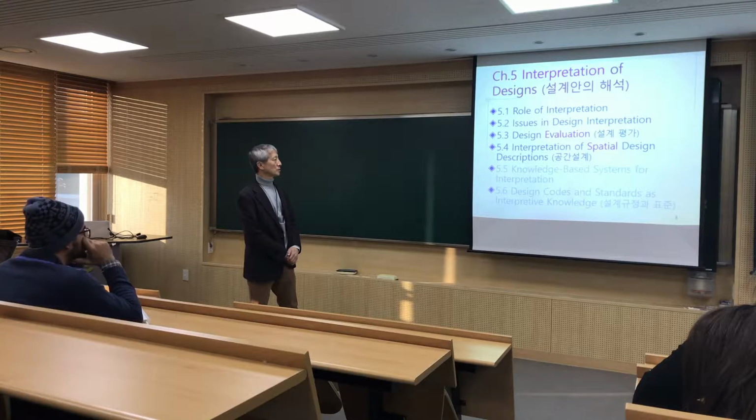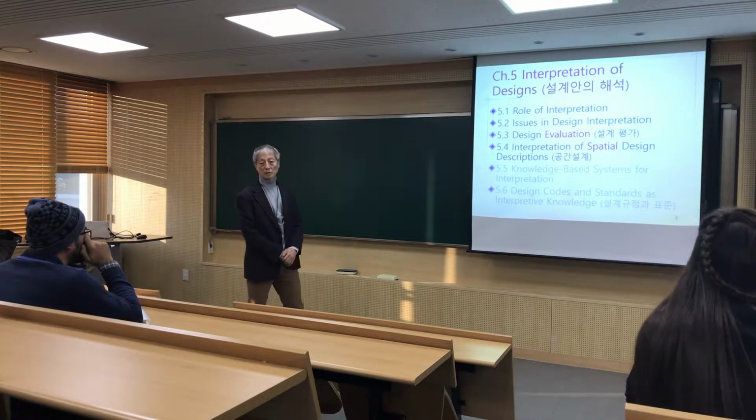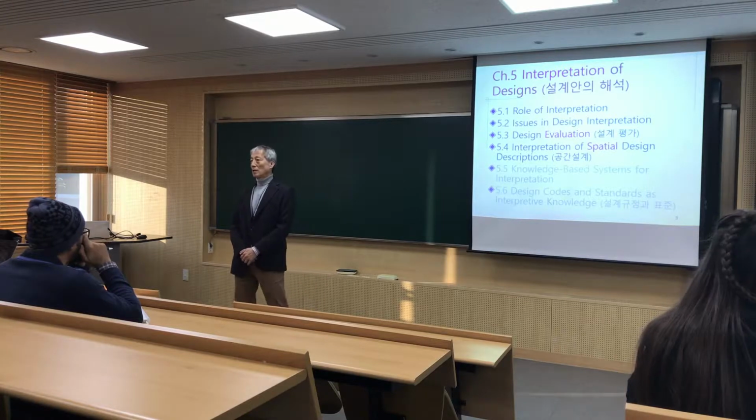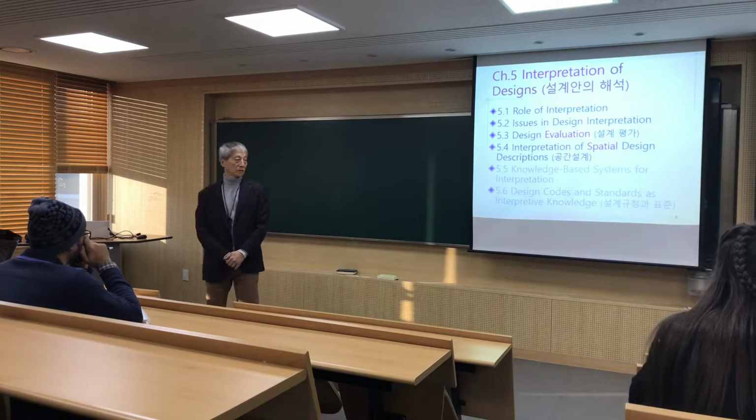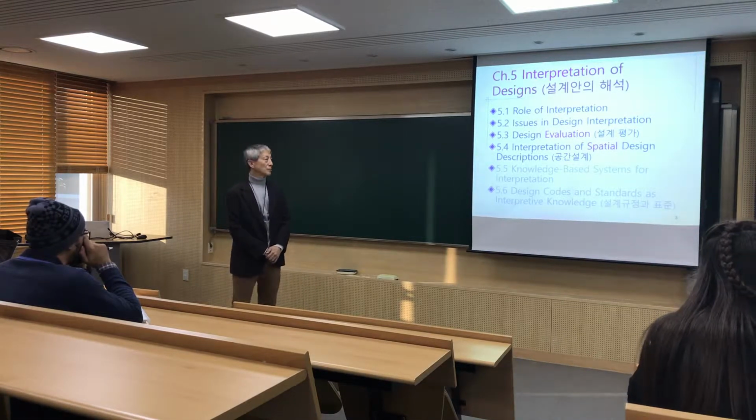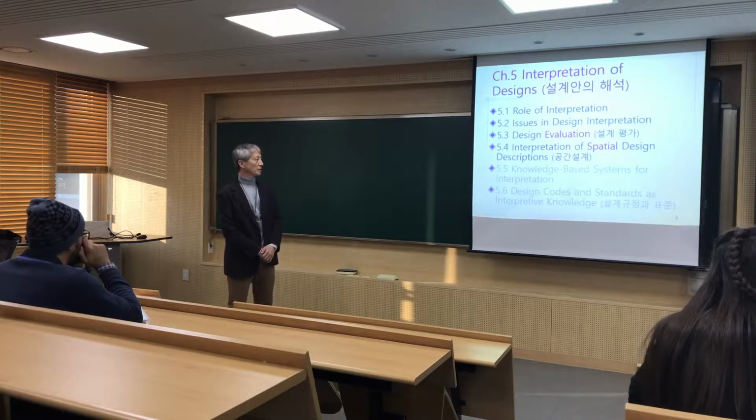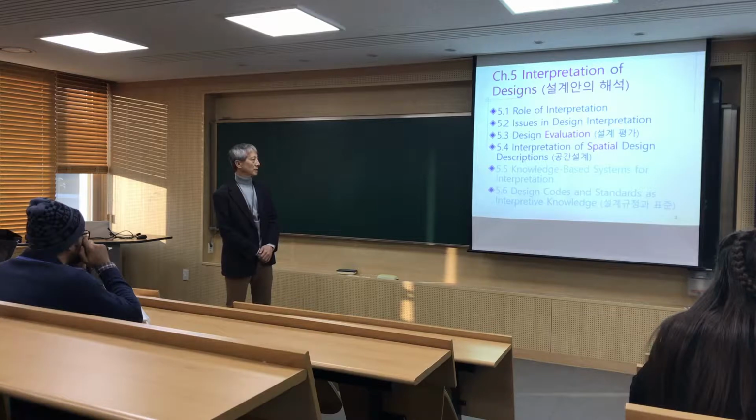Looks similar to interpretation and evaluation. And then it goes into the spatial design description, because this one is coming from the architecture department. The authors of the textbook come from architectural design, so they use many spatial design problems.